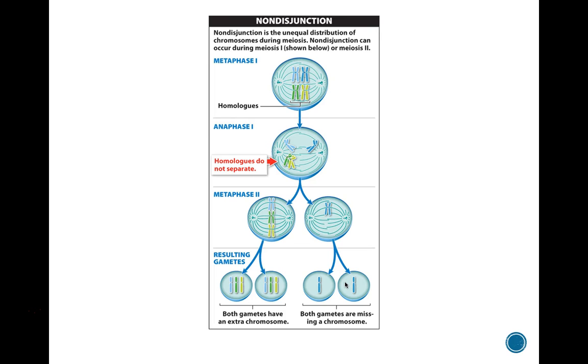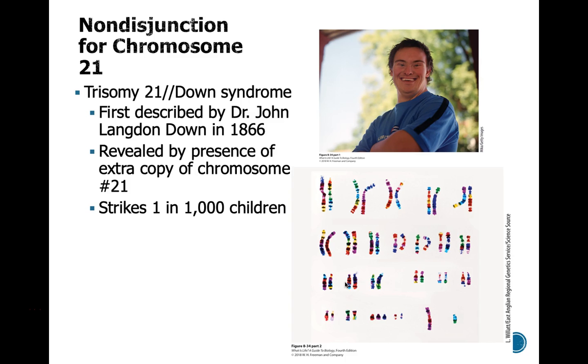I know our book doesn't show what actually happens here when these are fertilized, so sometimes it's kind of hard to understand why the problem occurs after fertilization. The most famous nondisjunction is for chromosome 21.